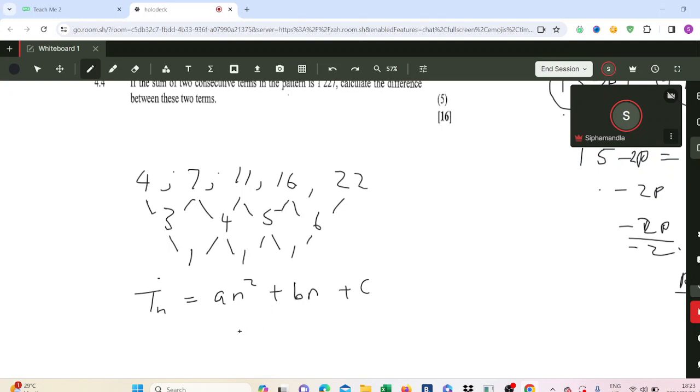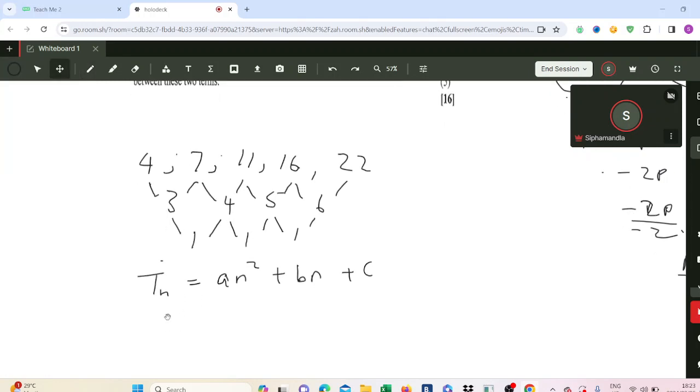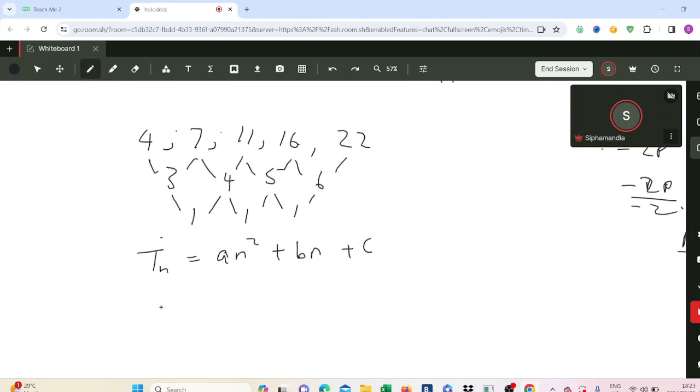There's nothing different there, right? Now we have to calculate the values of a, b, and c so that we can have this equation. To do this, we have a sort of formula.